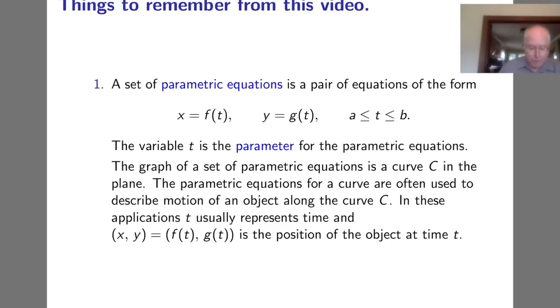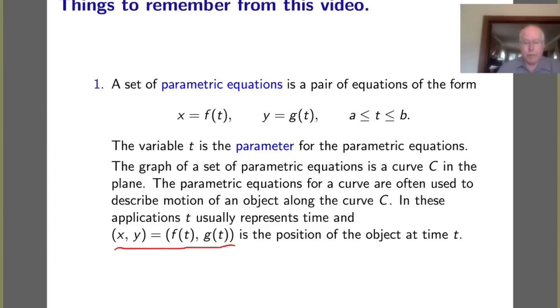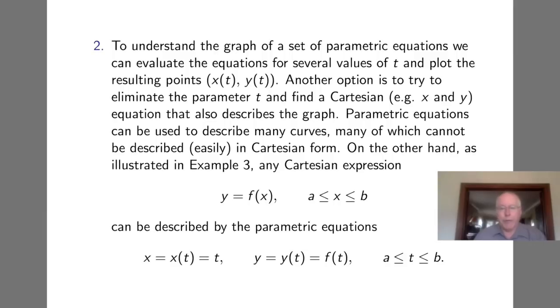And we'll also talk in the future, especially about one of the more important applications, that the x of t, y of t equations often describe the position of an object that's moving. To understand the graph of a set of parametric equations, we can again plot points and then draw a smooth curve to see what the graph looks like.